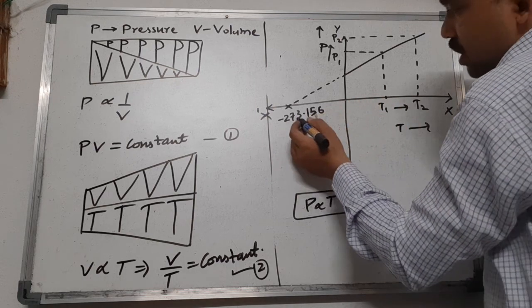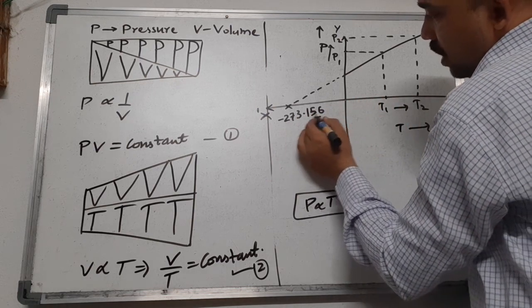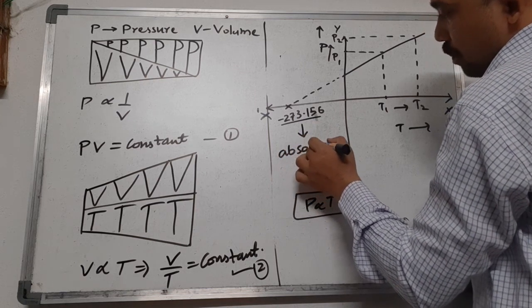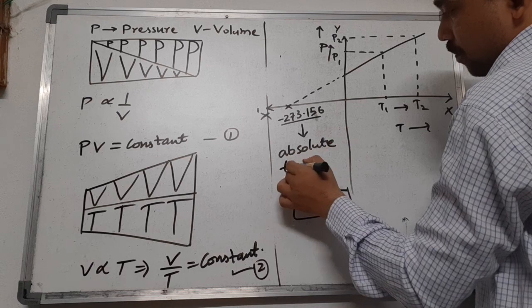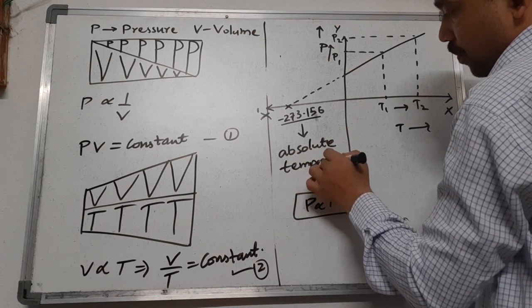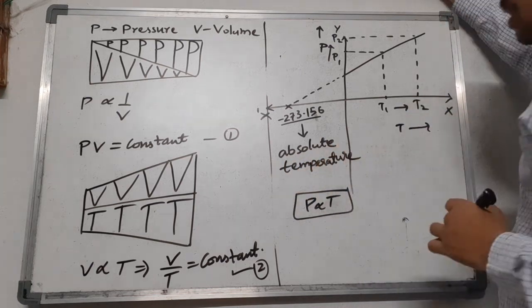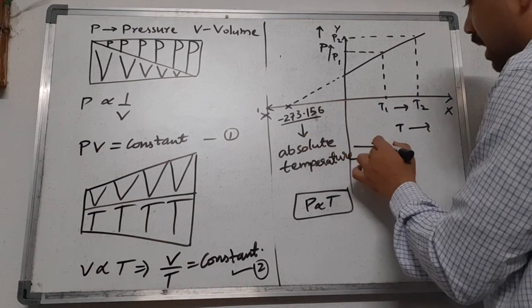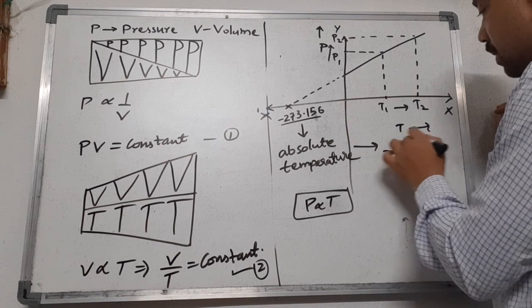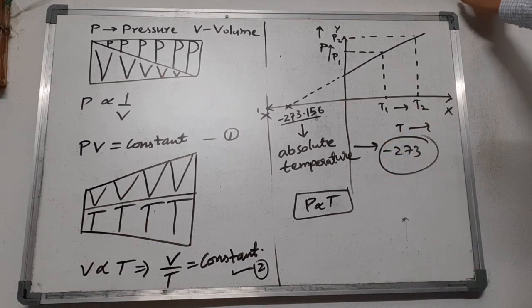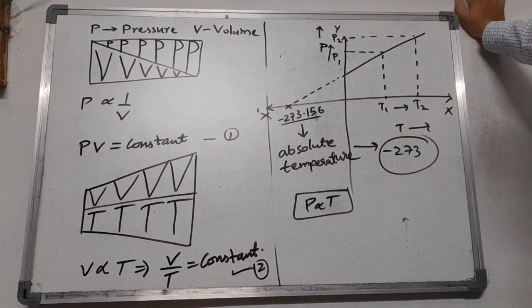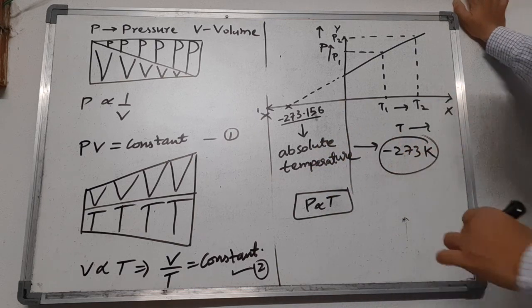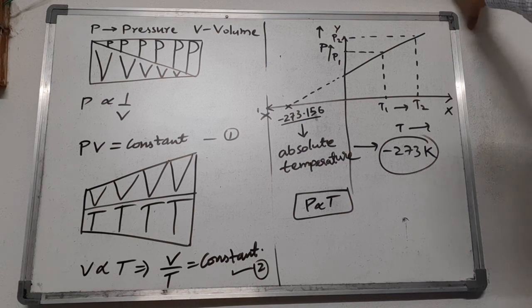This minus 273.15 is called the absolute temperature, and it is nearly taken as minus 273. It is given the unit Kelvin. Minus 273 Kelvin is the absolute temperature.